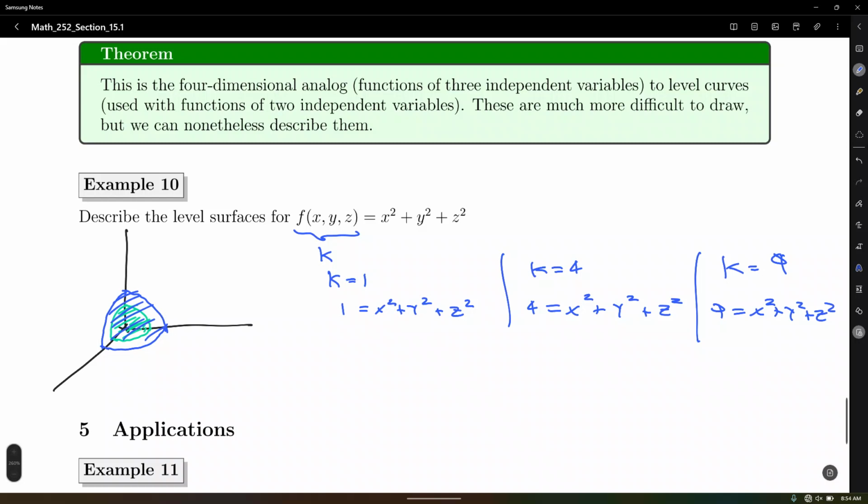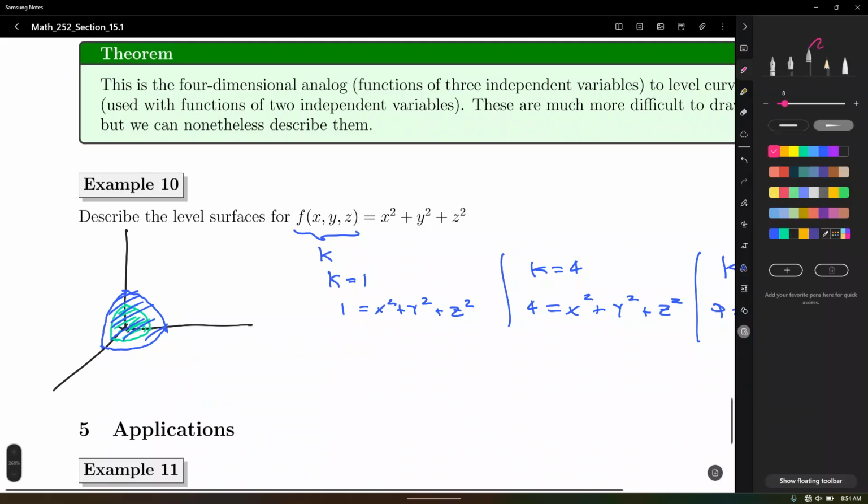Alright, so we have another sphere, a different layer, what else? Let me use a different color. That's a sphere of radius 3. But in the first place, they don't look like spheres because I'm just doing the first octant.